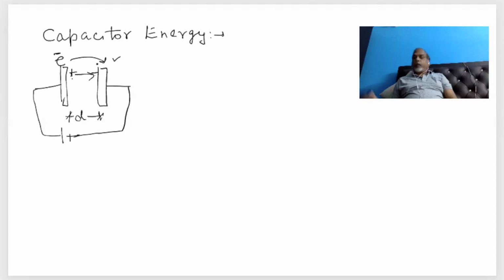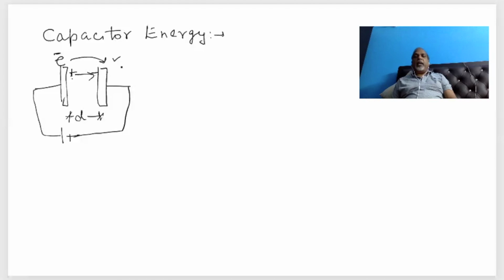So this is how it works, and once a stage comes when the potential of this battery equals the potential of the plates of this capacitor, then this movement of electrons stops. So now let us see the mathematical part.